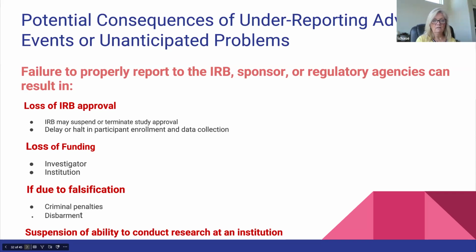You may lose funding. It could be the investigator or the institution. And then if due to falsification, there could be criminal penalties or disbarment and suspension of ability to conduct research at your institution. So make sure that you are reporting. Like I said in the previous slide, it's better to over-report than not report or under-report because there are penalties for not reporting or under-reporting these events.